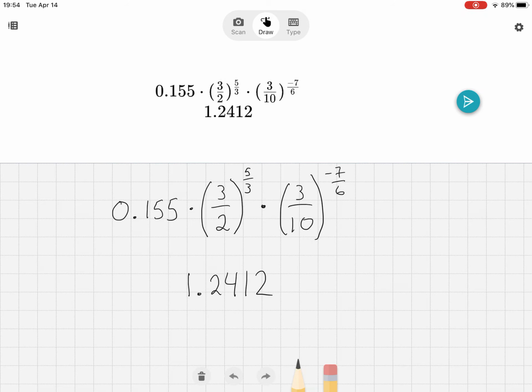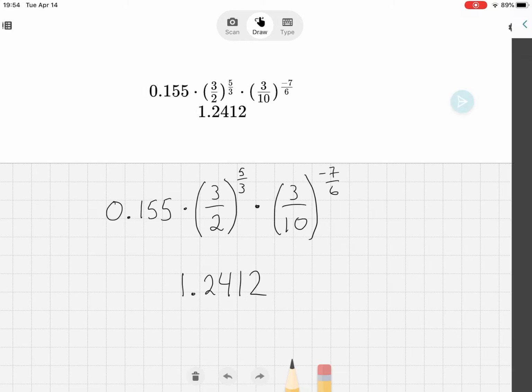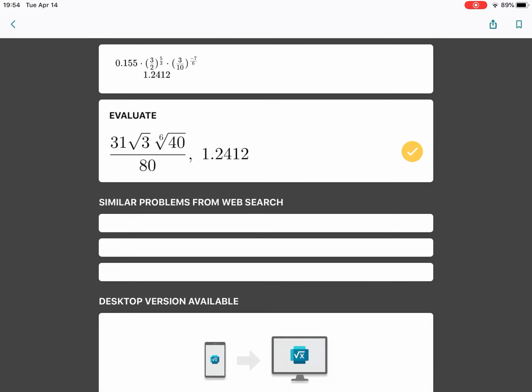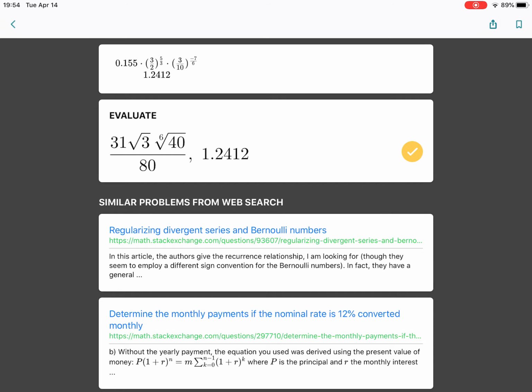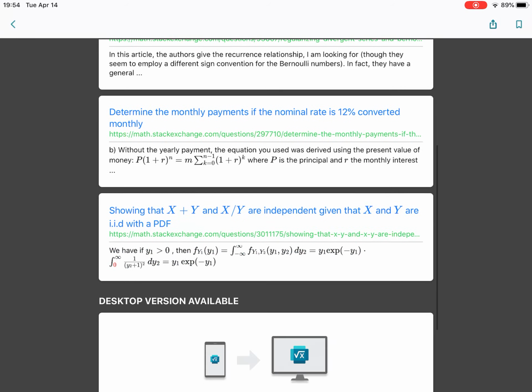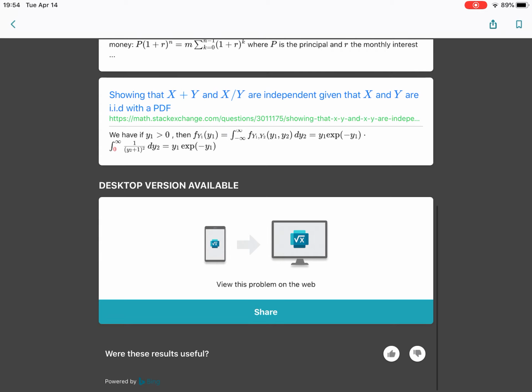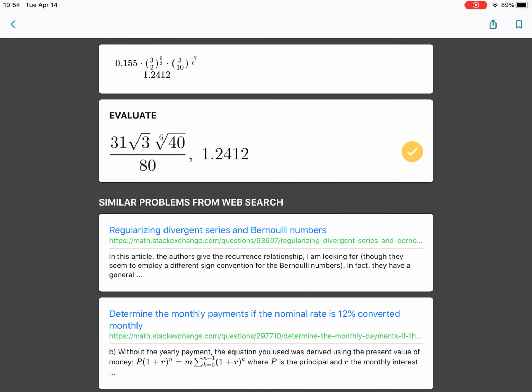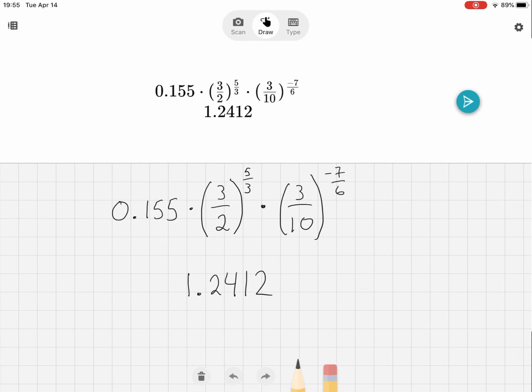I'm going to go to another calculator and double check my results here. This calculator also features a few things, such as giving you similar problems from web searches, and it actually helps you learn new topics.